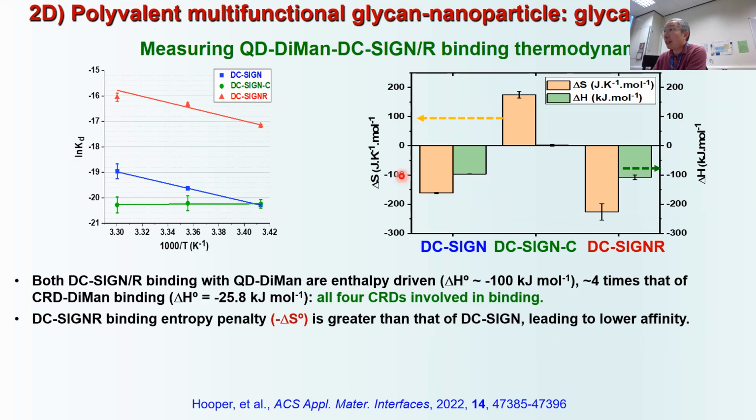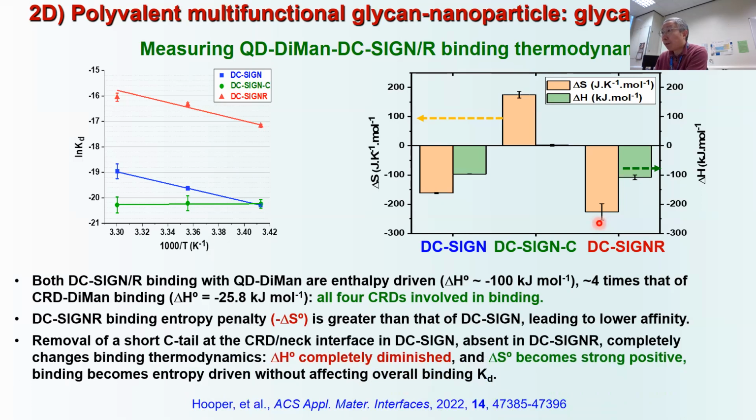And the delta S is also negative, which means that although the binding is enthalpy driven, it incurs an entropy penalty, and the entropy penalty for DC-SIGNR is bigger, which means the binding is weaker.